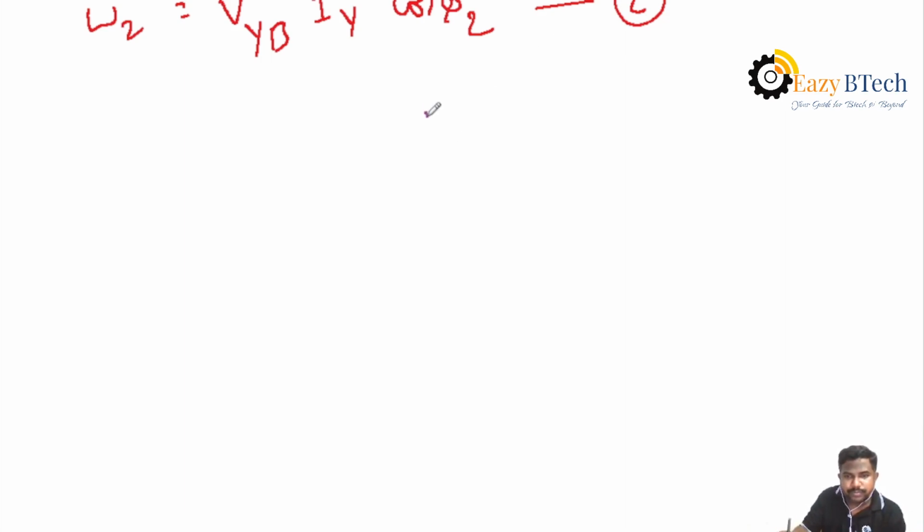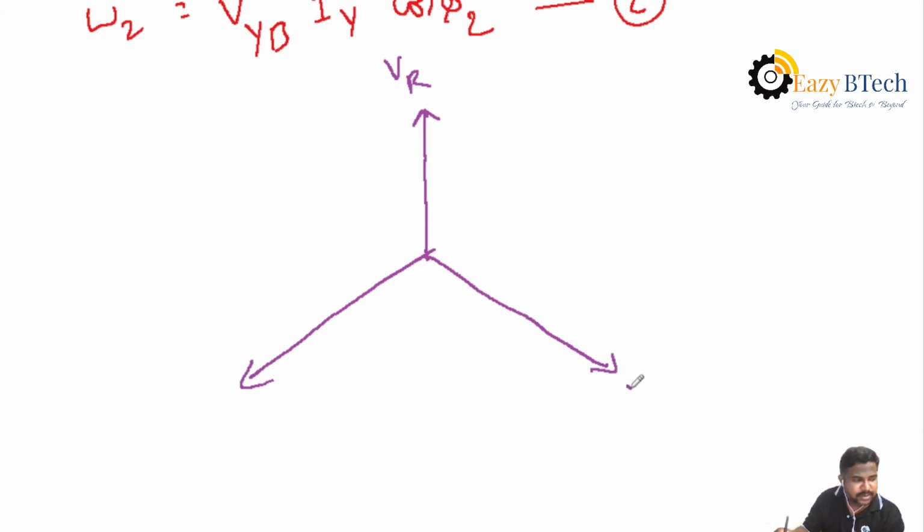We know that there is VR voltage, and the second one is VY voltage, and the third one is VB voltage. We know that. Then here what is the voltage reading of W1, that is VRB.